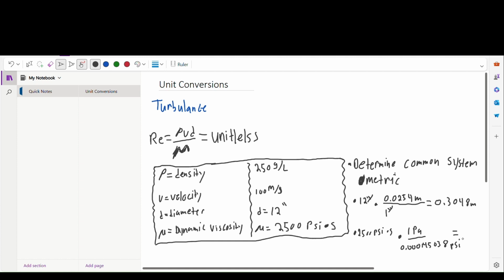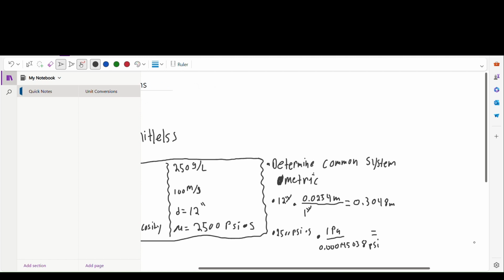This whole thing will lead me to it's going to be a lot of pascals. I'm going to go ahead and scroll a little bit over here.